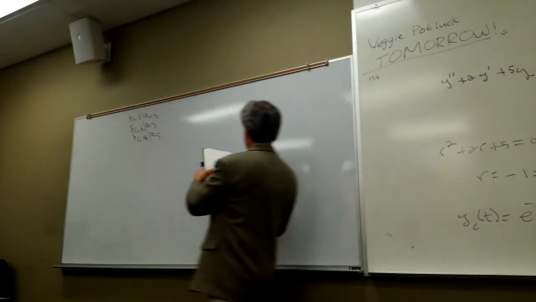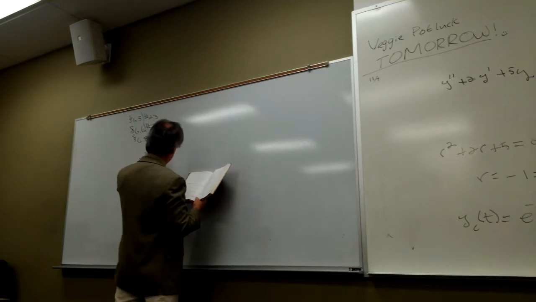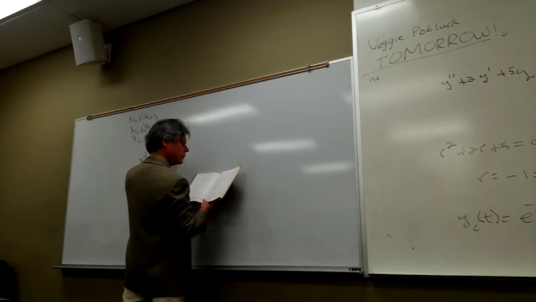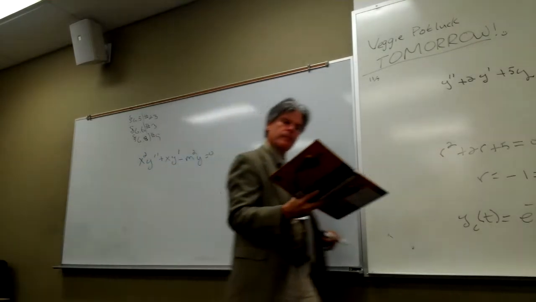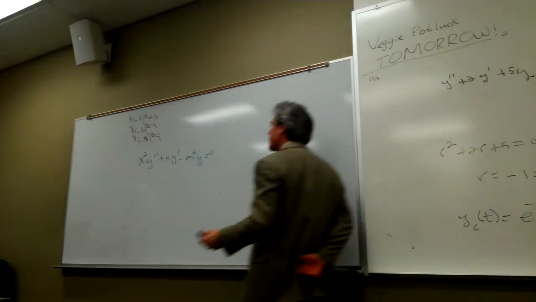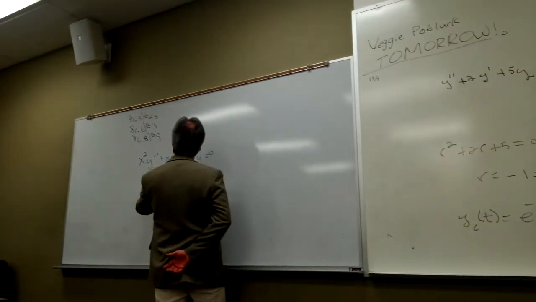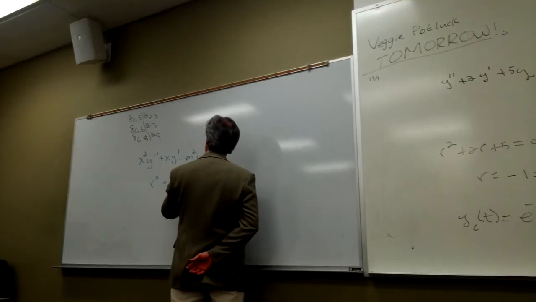I have instead this differential equation, and I'm asked to actually solve the DE. To solve it, using my characteristic equation, r squared plus 1 times r minus m squared equals 0.